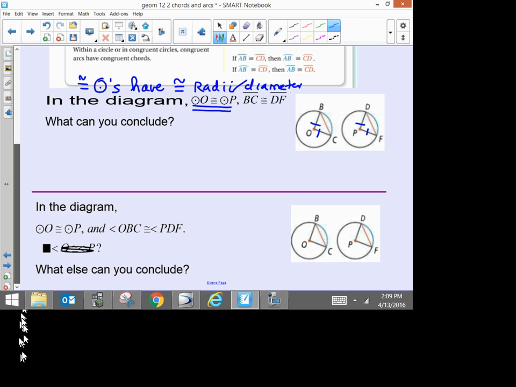BC is also congruent to DF. Now, try to use the theorems. What else can we conclude? All right, give me one thing. Arc BC is congruent to arc DF. Why is that? Because congruent chords have congruent arcs.